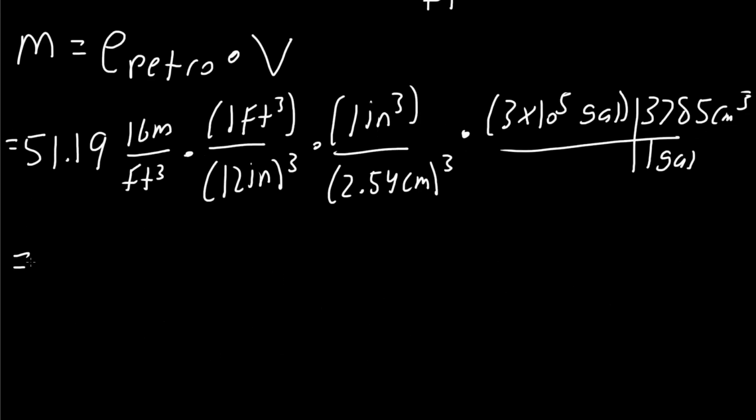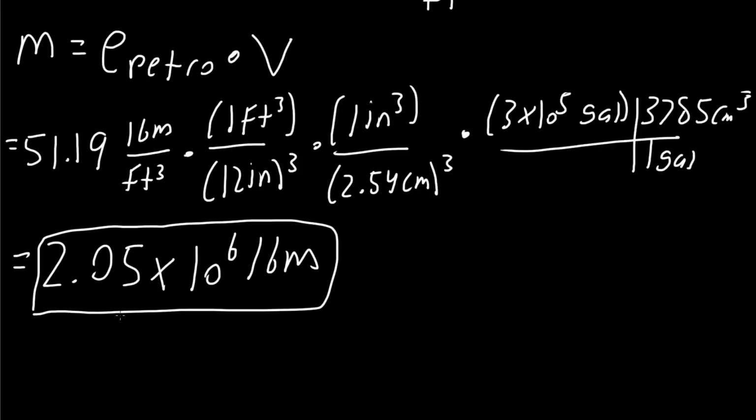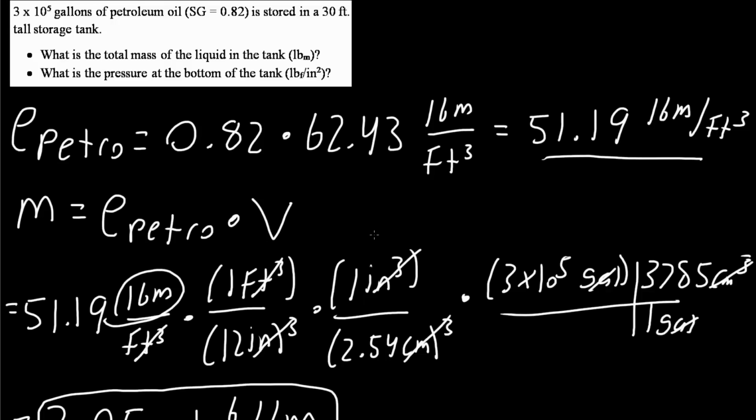Once we multiply everything out, we would get 2.05 times 10 to the 6 pound mass. Now we can double check our units. Feet cubed cancels, inches cubed cancels, gallon cancels, centimeter cubed cancels with centimeter cubed, and we're left with pound mass. So this is the first problem, and now we will do the second problem.